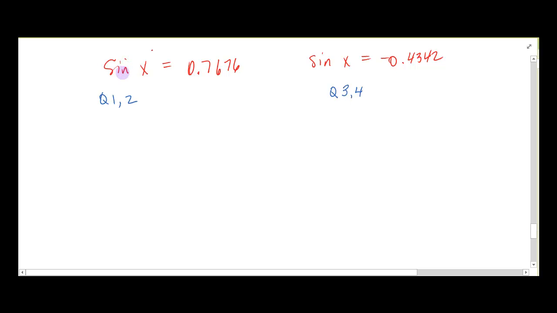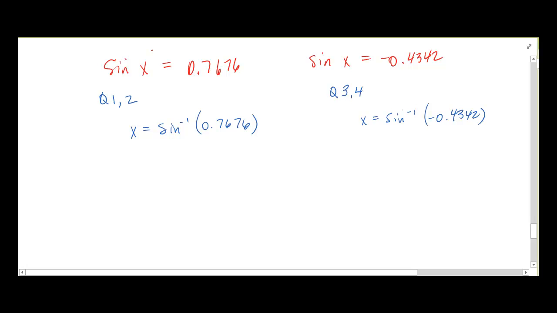So when I put the inverse sine into the calculator, remember that we're going to enter it so that it looks like inverse sine of 0.7676 and inverse sine of -0.4342. Just looking at this first equation over here, the one where I get angles in quadrants 1 and 2.